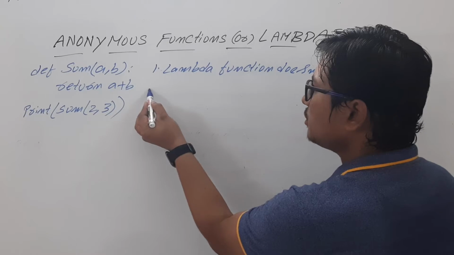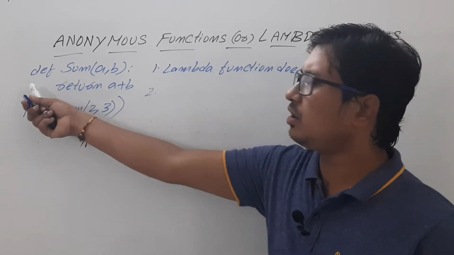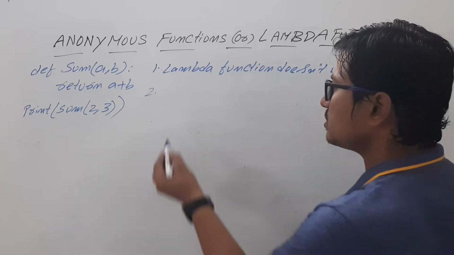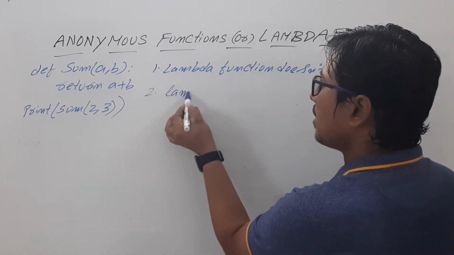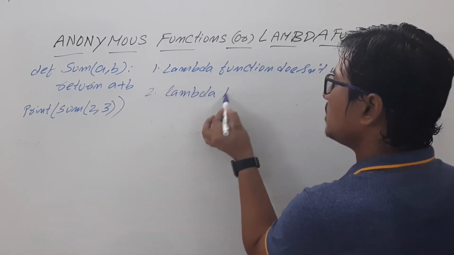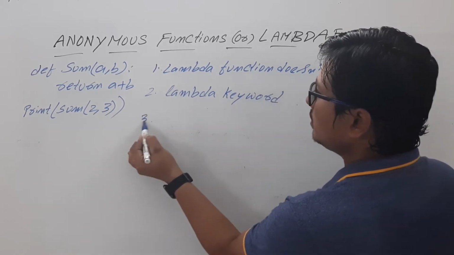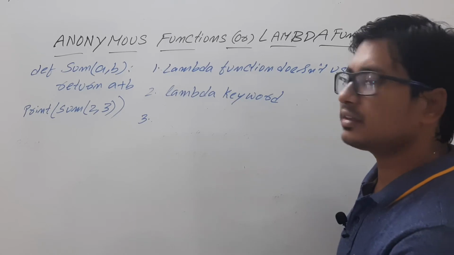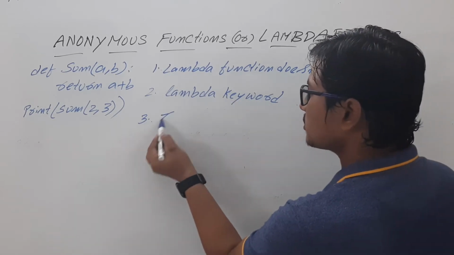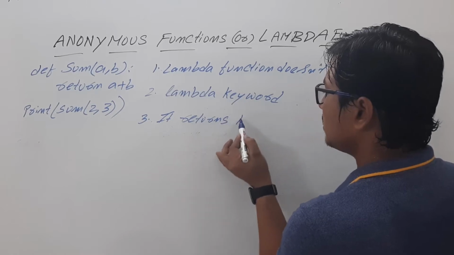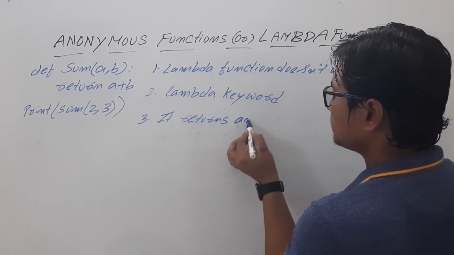Then you can ask me, sir, if it is not using the def keyword, what keyword does it use? Lambda functions use the keyword called lambda. Then it does not return a value, it returns an expression. Lambda function returns an expression.